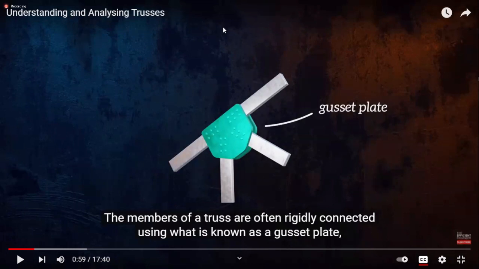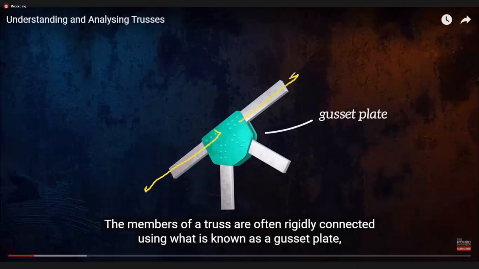You cannot see a pin over here, but all these central lines are meeting in one point. In that case, it is as good as having a pin. It will behave like that only. It will permit a rotation.